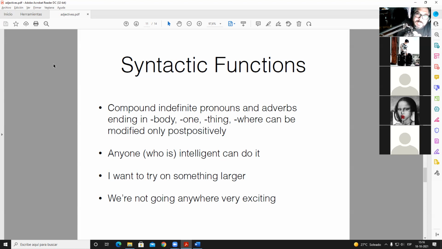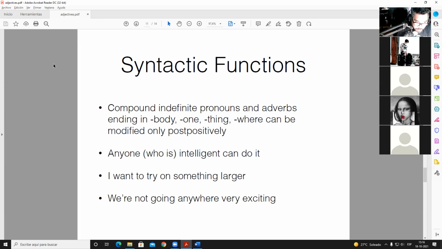Now, some people say that the usage of those postpositive adjectives inside of noun phrases where the head is a compound indefinite pronoun is because they are a reduced form of a WH clause.